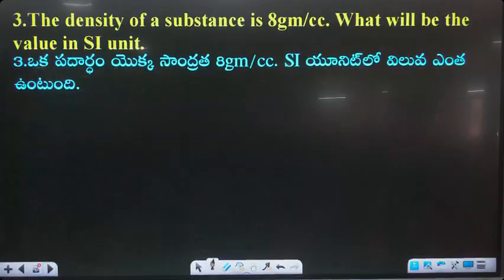The density of a substance is 8 gram per cc. What will be the value in SI system?